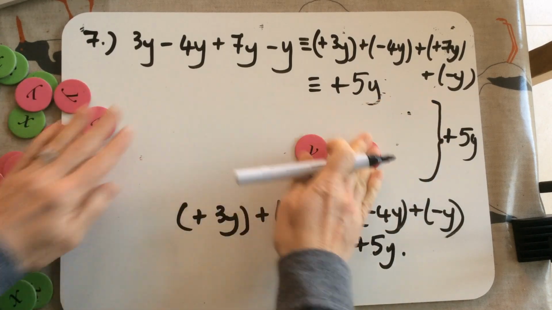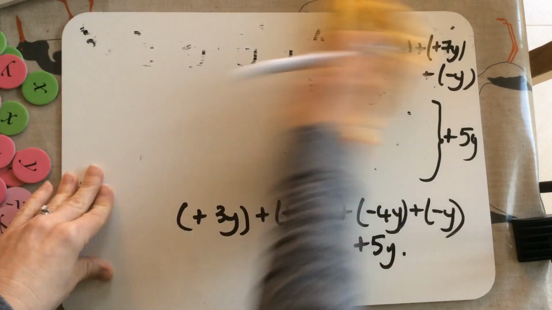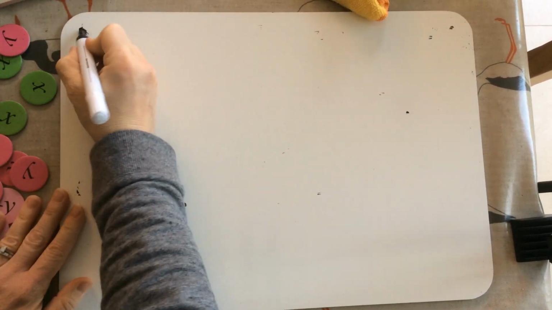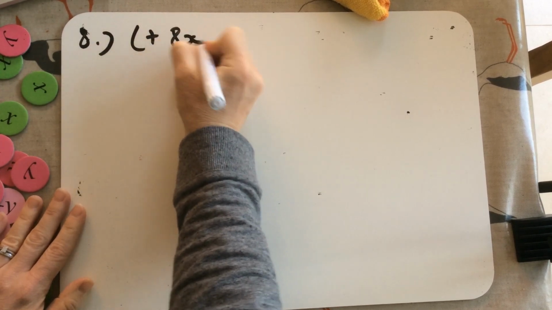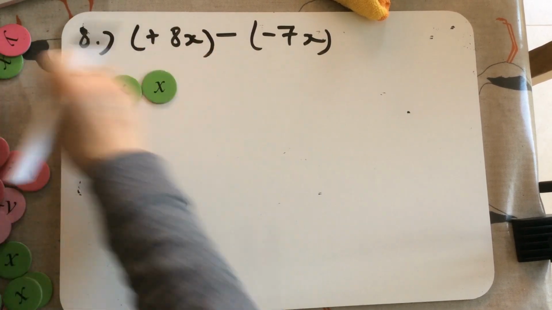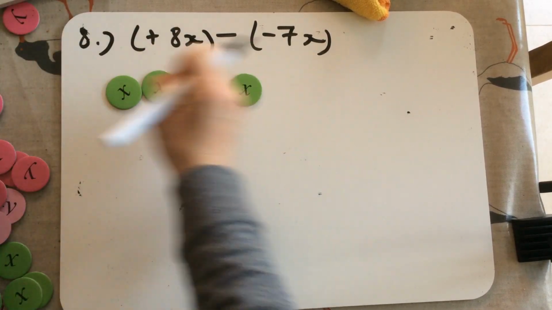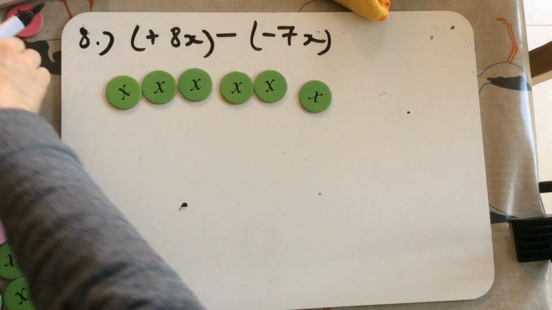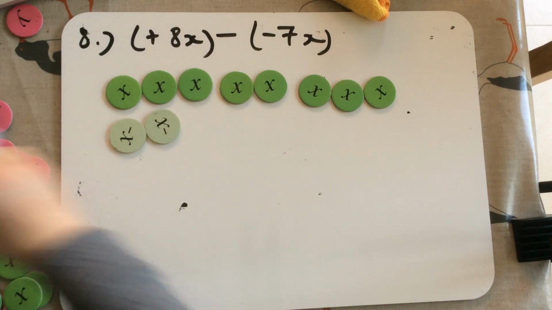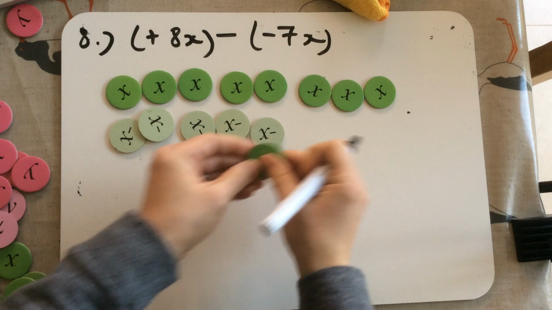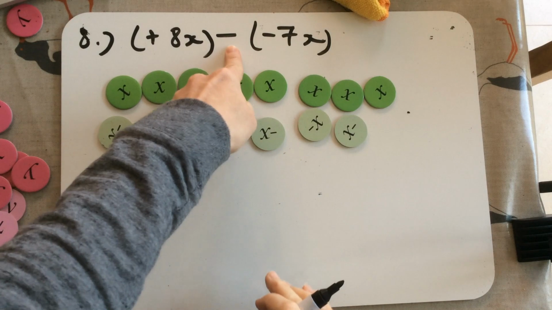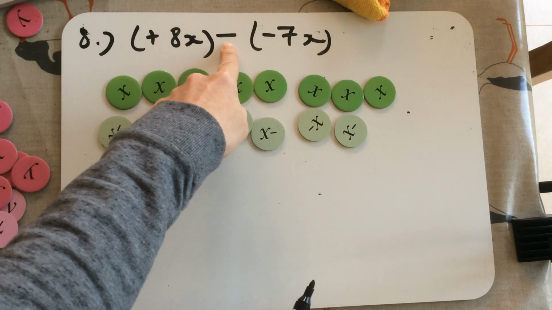Okay, question 8. Moving back to the x variable, but this time I'm going to need some skills that I learnt when we were looking at negative numbers, because I've got positive 8x subtract negative 7x. So I'm going to have 8 x's and 7 negative x's. Now, I can't sum those as they are because this isn't a sum, it's a subtract, it's a difference.